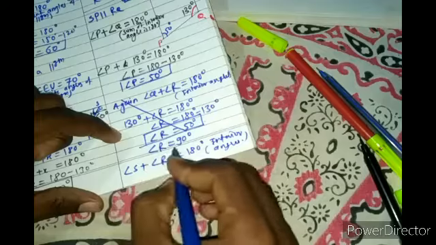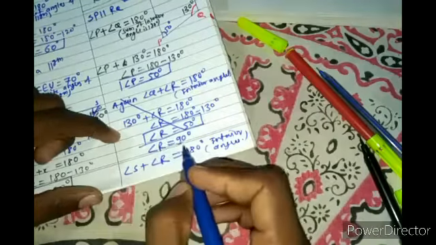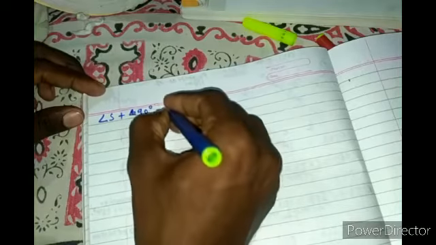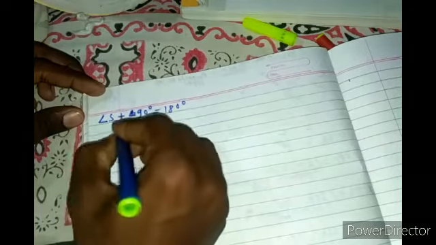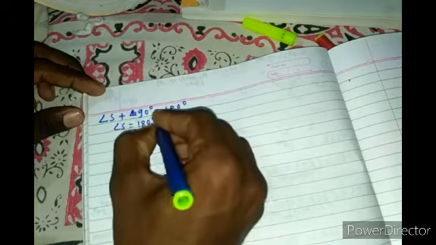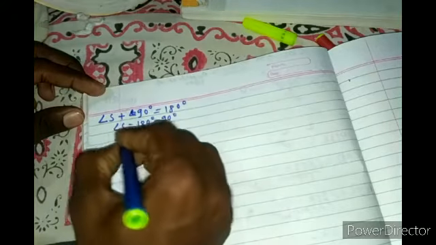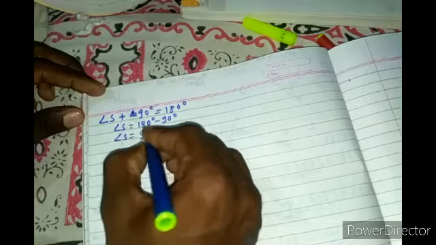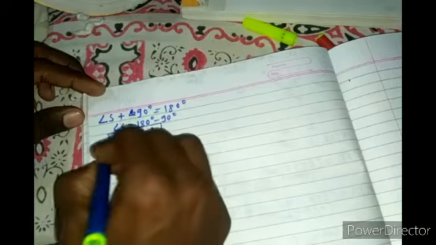We already know R. So angle S plus angle R, 90 degrees, is equal to 180. So angle S is equal to 180 degrees minus 90. So angle S is equal to 90 degrees.